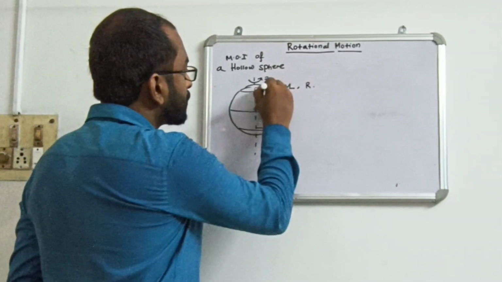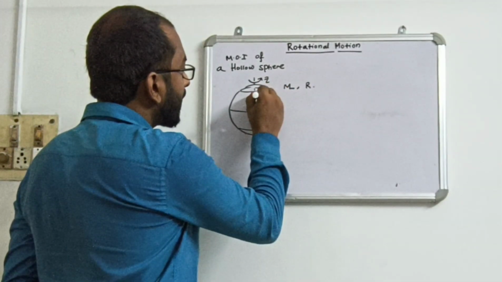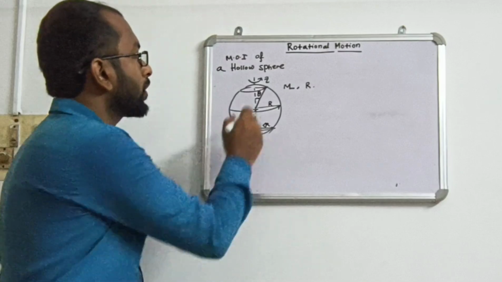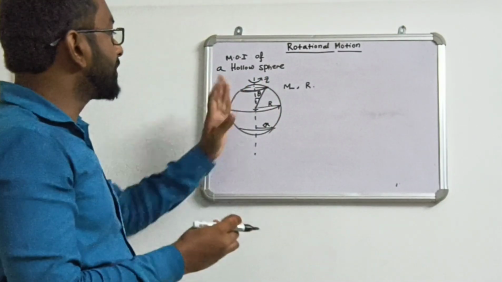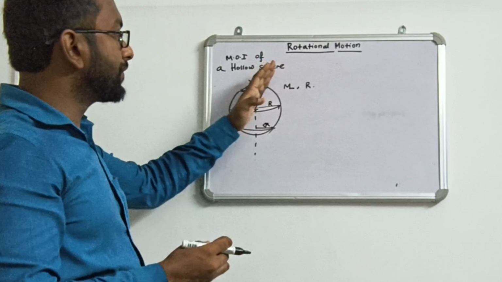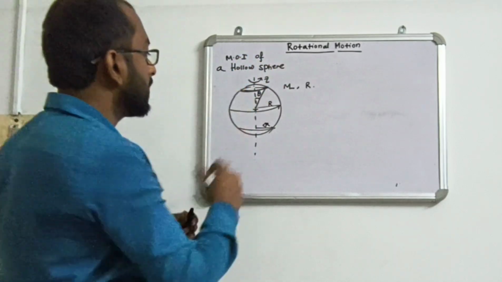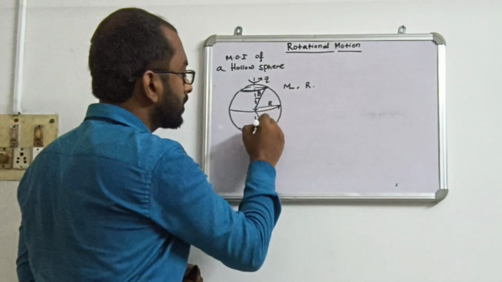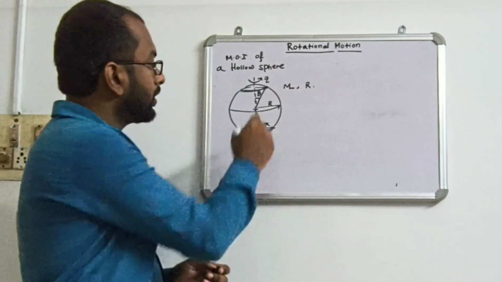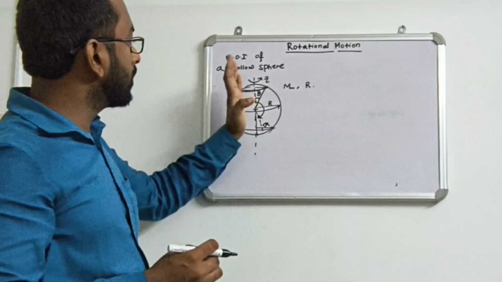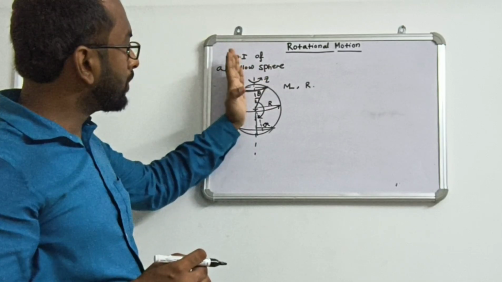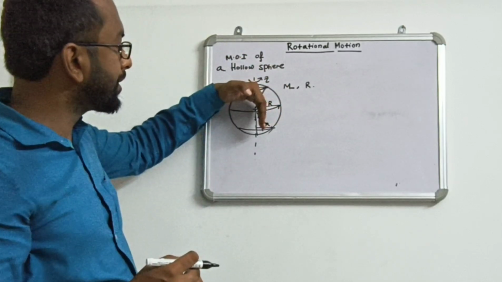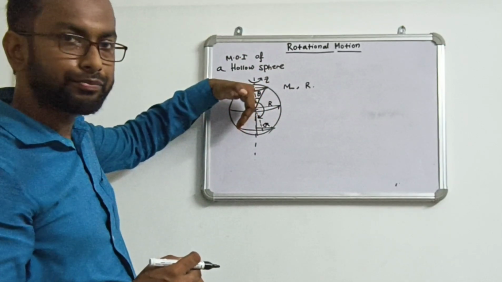If I take an angle theta from here to consider a ring, see, if I increase the value of theta from 0 to pi, exactly here, so from here to here, the distance of the ring which is rotating with respect to the axis is increasing, then again it is decreasing from here to here.